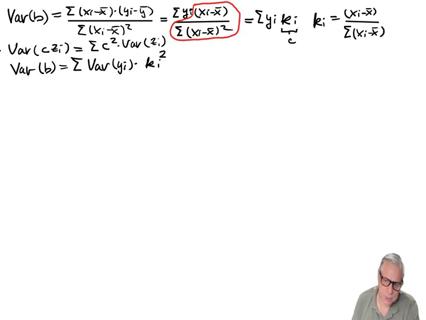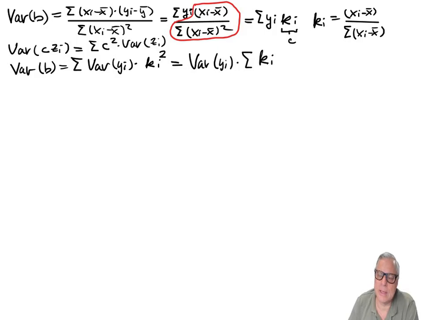Okay, and also in the previous video I already explained that the variance of yi is also assumed to be constant. So that means the deviations around different trend lines is always the same. So what we need to evaluate is essentially the variance of yi, which is the variance of the regression, times the sum of ki squared.